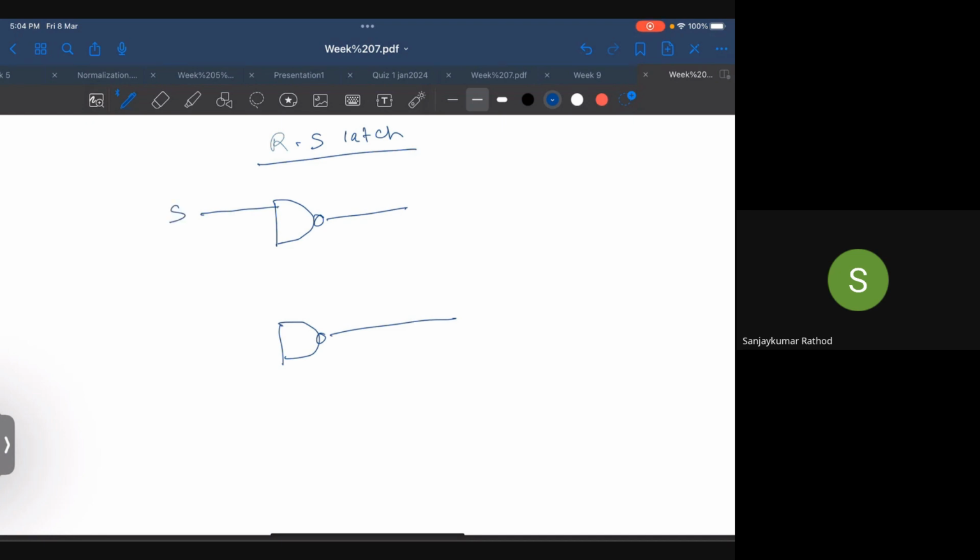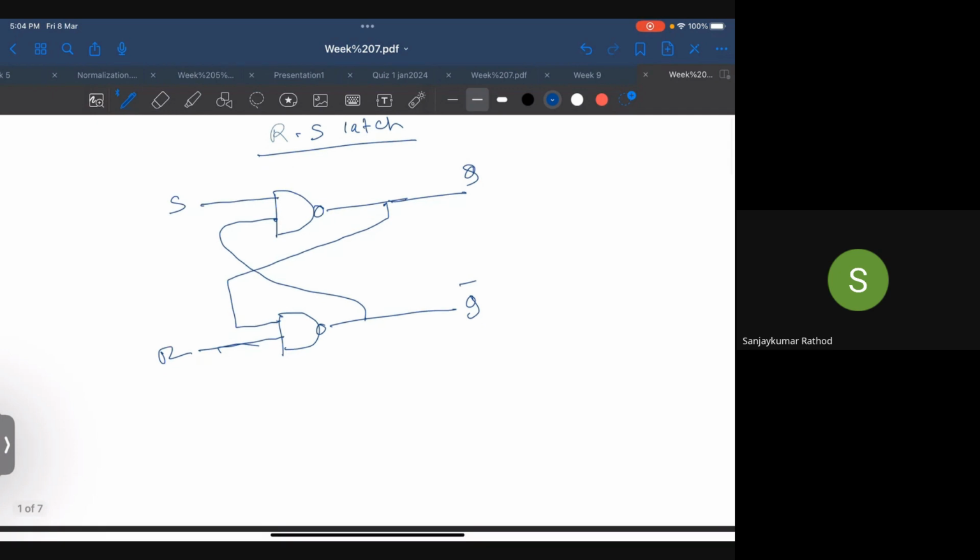This is S, this is R, and whatever this Q is, it feeds back to this, and this Q feeds back to this, and this is Q, and this is Q bar.